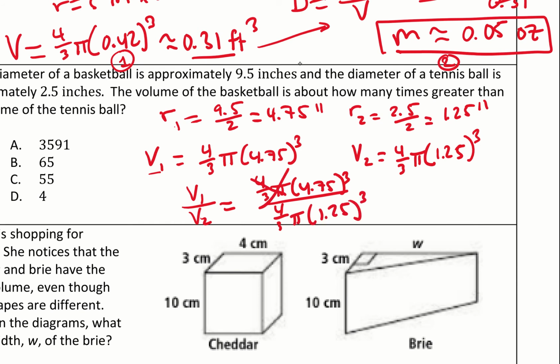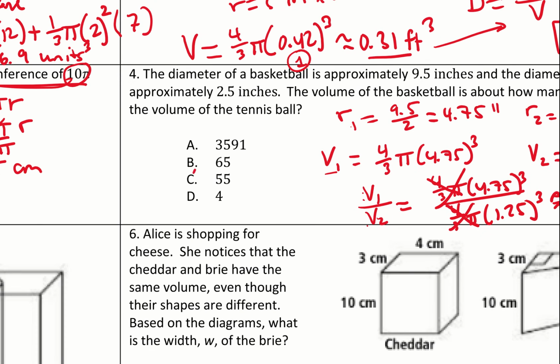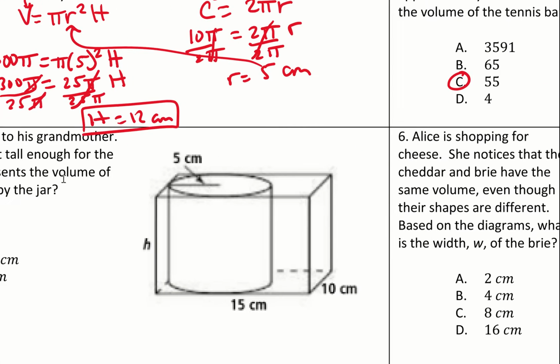And the 4/3 pi cancels, so that's nice, leaving you with the radii cubed. And if you did that on the calculator, we get approximately 55. So the ratio of V1 to V2 is 55. That means V1 is 55 times greater than V2. So the basketball is about 55 times greater than the tennis ball, in volume.